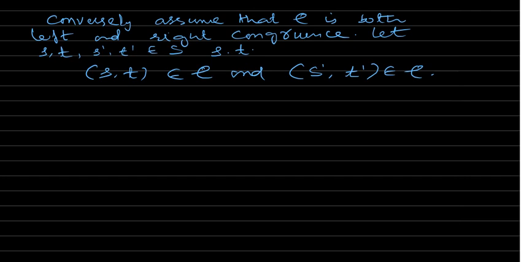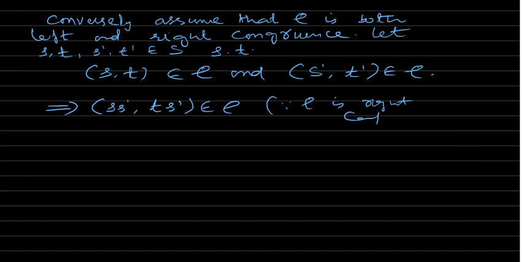We show that ss dash and tt dash are rho related. Since s t is rho related, it means that s dash t s dash also belongs to rho, because rho is right compatible.